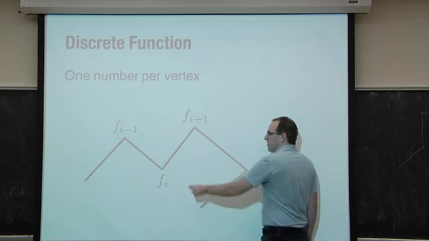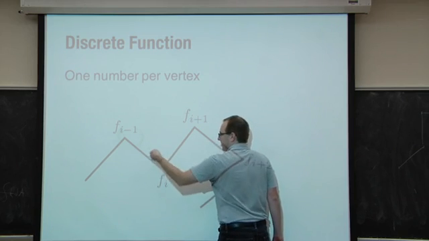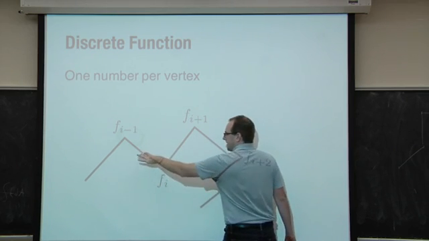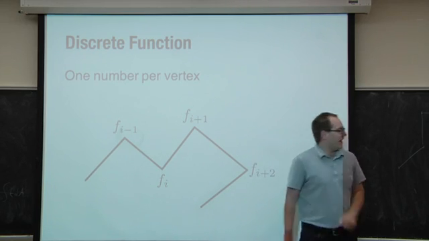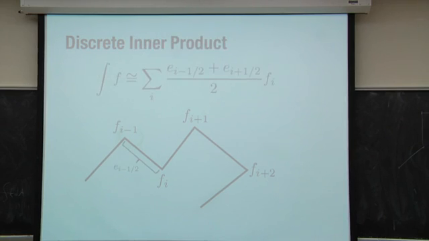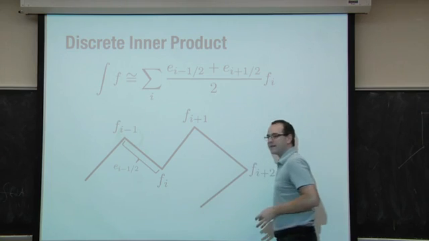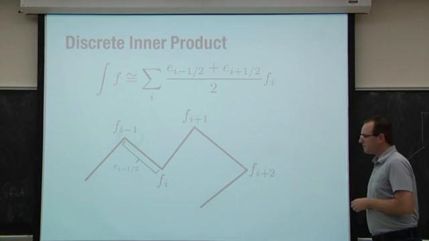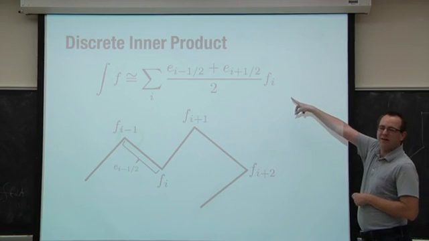So I'm going to associate a neighborhood to each vertex consisting of basically half the edge that comes before and half the edge that comes after. And if you ask me to integrate up something over the curve, I'm going to integrate by doing a weighted sum. What is this weight here? It's just measuring half this distance plus half that distance. Everyone happy with this?